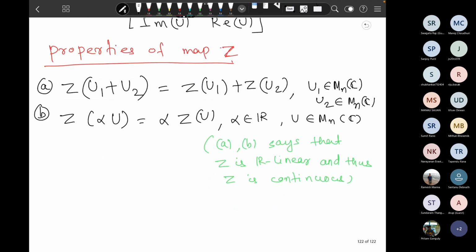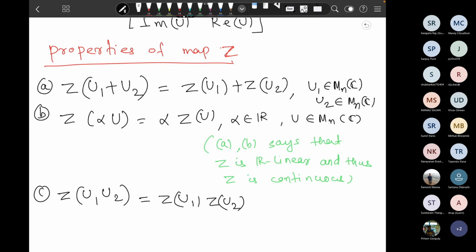Now the third property is also clear: Z of U1 U2 is equal to Z of U1 times Z of U2. You simply say that Z is well behaved with composition. This is actually immediate from the way it is defined.